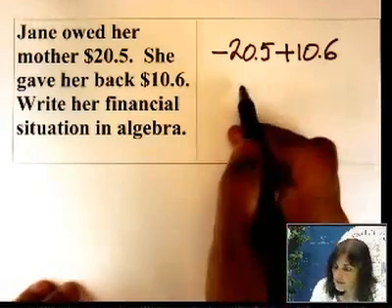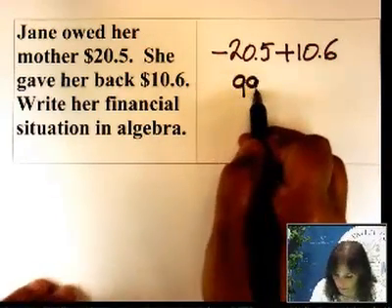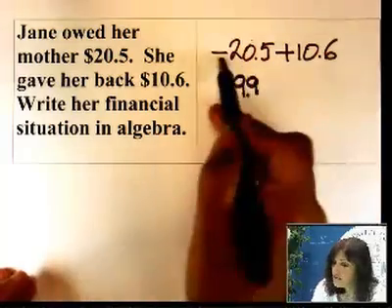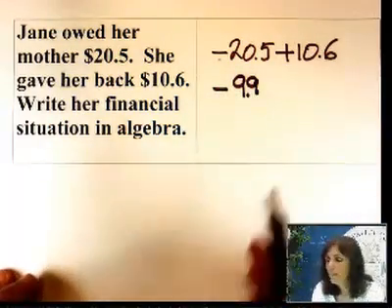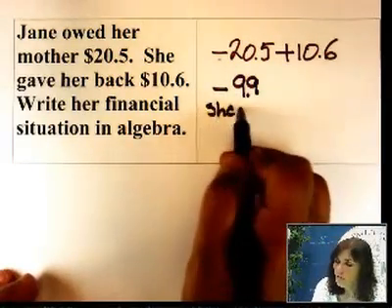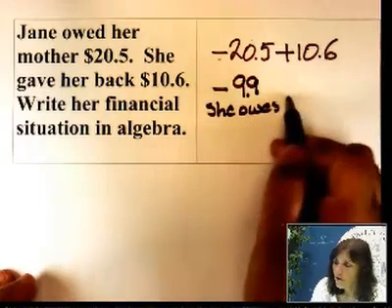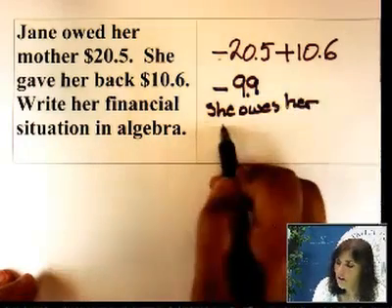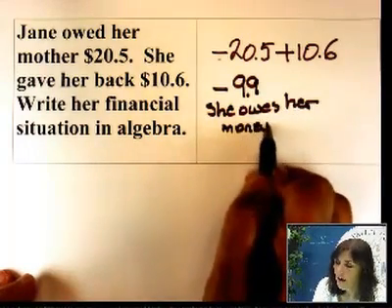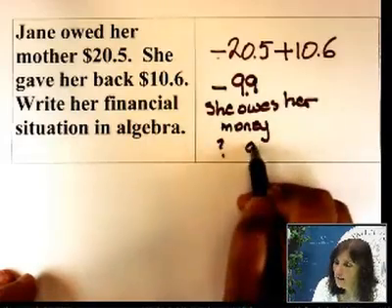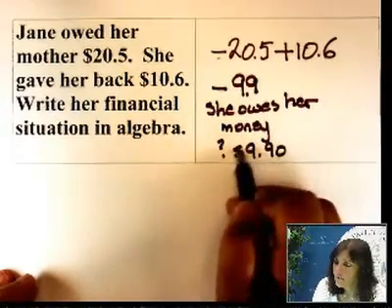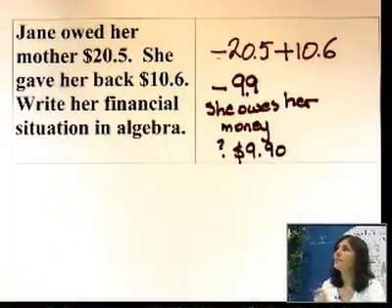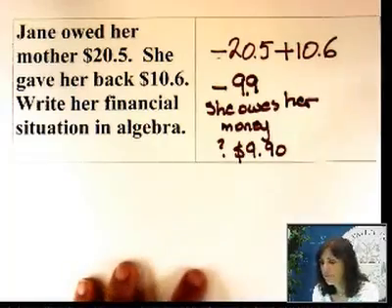And the difference is 9.9. The thing is, since this is negative, it's negative. What does that mean? She owes her money. How much? $9.90. Does it make sense? All right, very good.